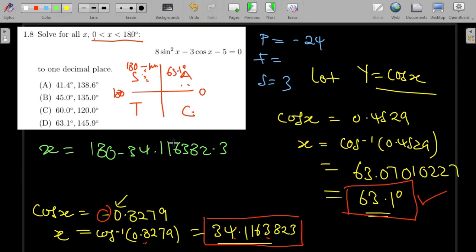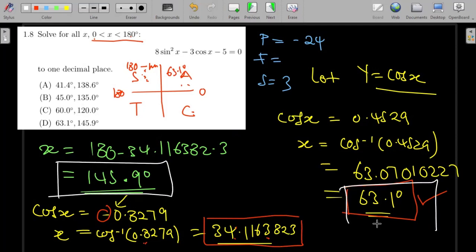So that is giving me 145.8888. When I round it off to one decimal place, that would be 145.9 degrees. So you see that our two answers will be this one and this one here. So you check on the options where you have those. So it will be D there.